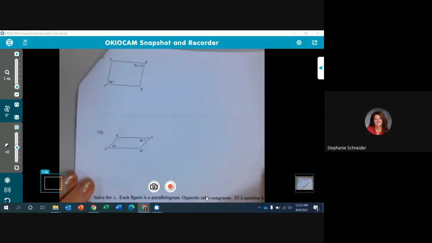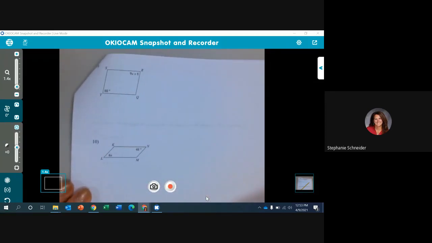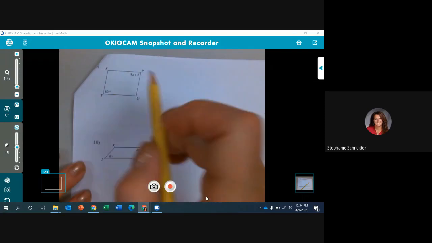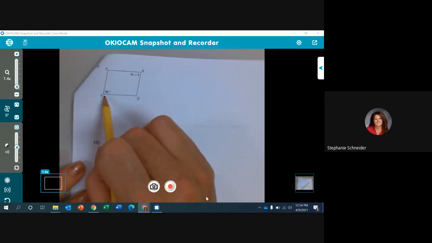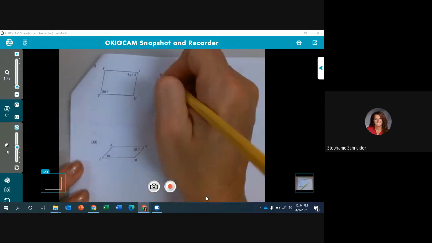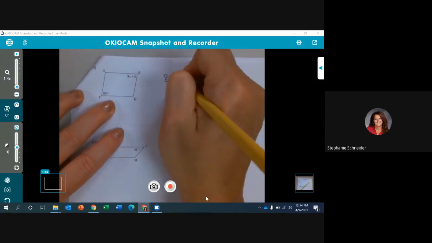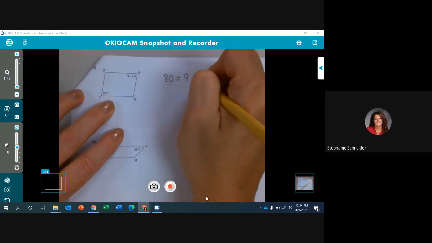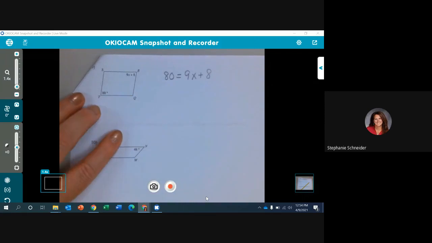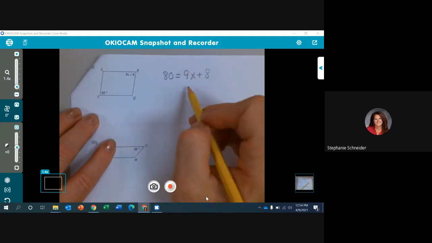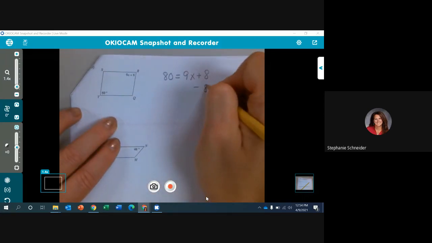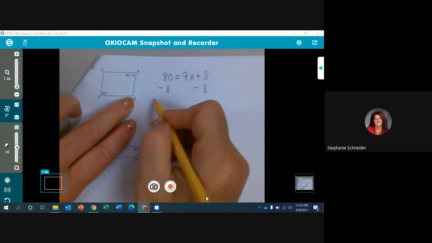Again, these ones are also going to be practice for question 3. There's, I believe, only 9 questions on the TCA. Again, same thing. Opposite angles are congruent. So we have 80 is equal to 9x plus 8. We're going to get the x by itself. We're going to subtract 8 from both sides.